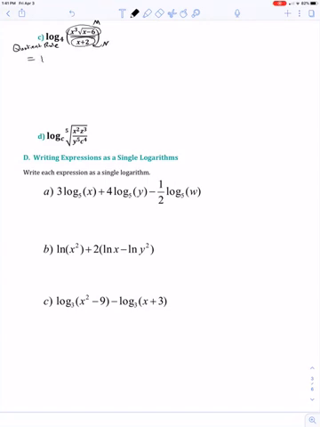So that'll be log base 4, and remember, this log base is a subscript, of the numerator, which is x cubed times the square root of x minus 6, minus log base 4 of the denominator, x plus 2.